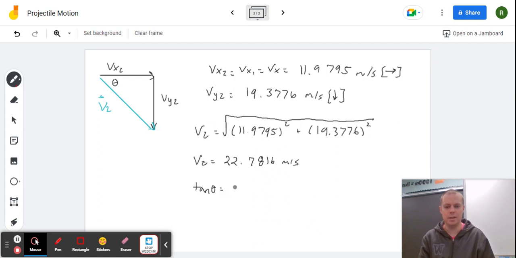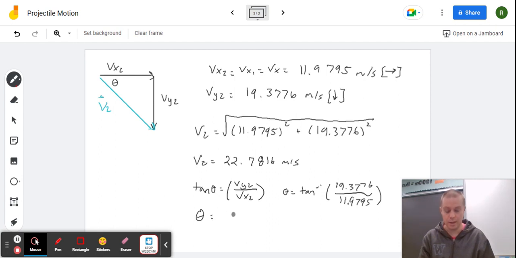Tan theta is going to be Vy2 over Vx2. So theta is going to be the inverse tan of 19.3776 over 11.9795, which gives us an angle of approximately 58.3 degrees.